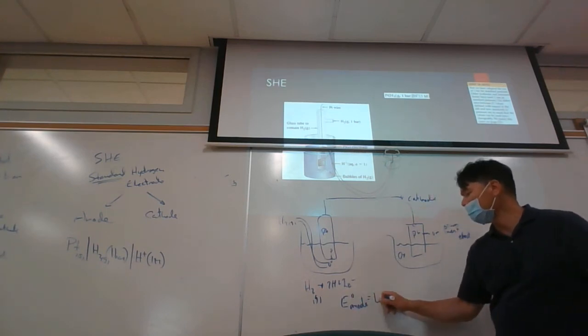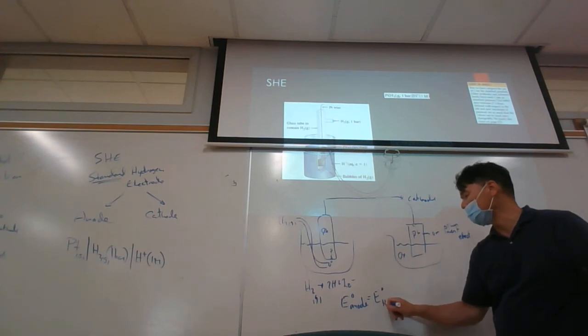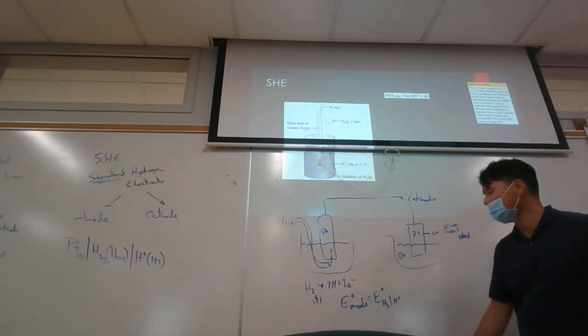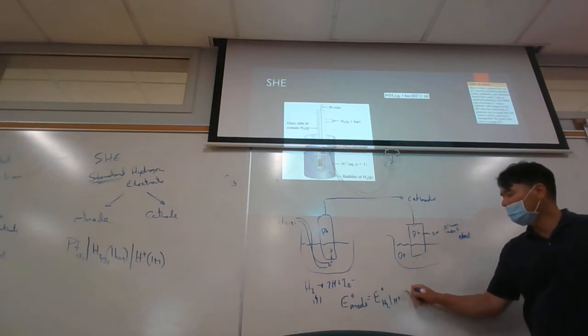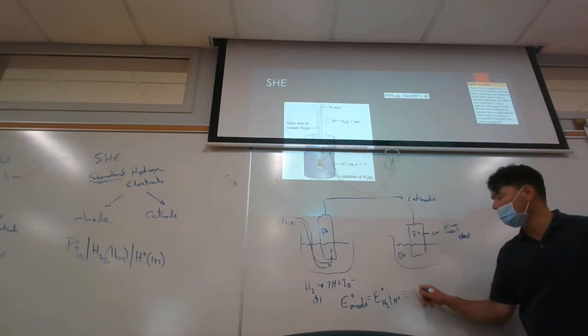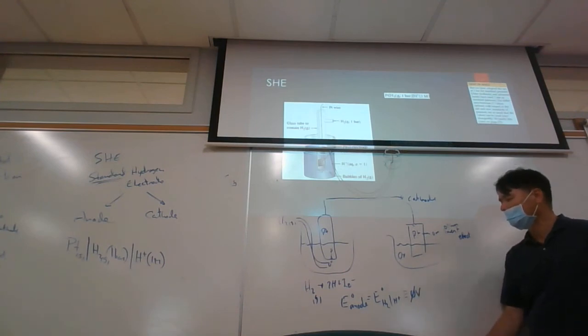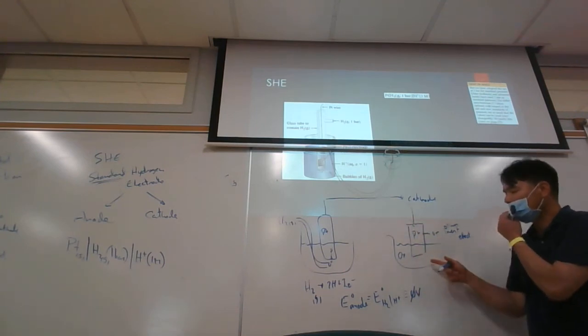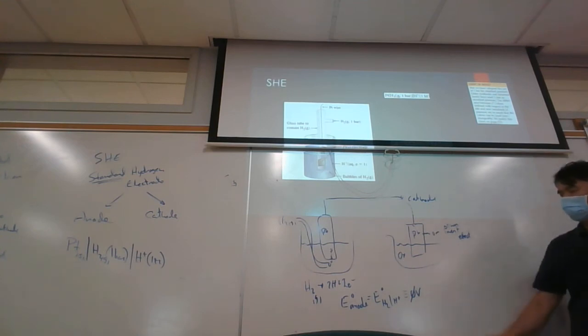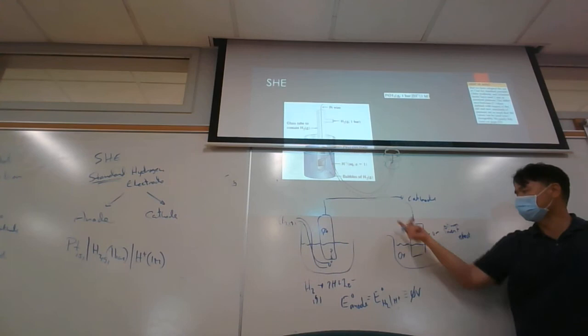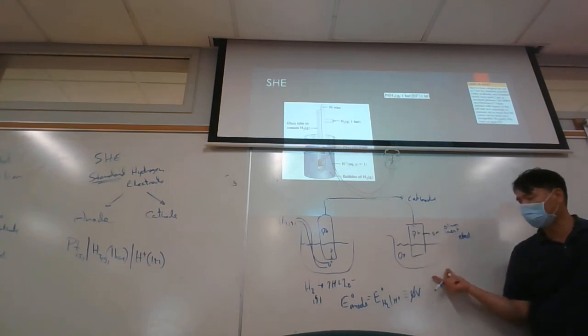And the anode potential is the potential for hydrogen gas going to H+, aqueous. And since we don't know that number, we're just going to arbitrarily call this 0 volts. And therefore, all the cell potential is due to the oxidizer. And so the cell potential here is just equal to the reduction potential of the oxidizer.